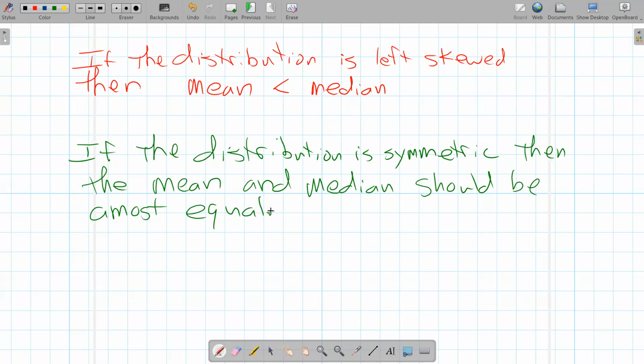So they'll just be almost equal if it's a symmetric distribution. There's no pull from those extreme values to either side.